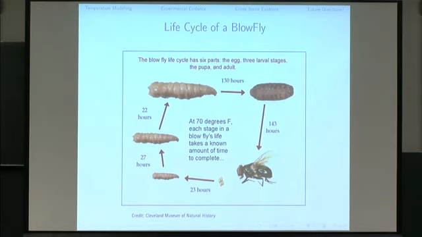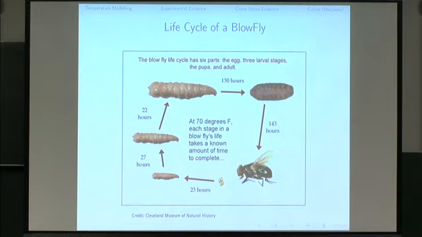After eggs are laid, after about a day, they hatch and become maggots, and then they have different stages, called instars, of development, and these stages are where additional holes grow in the larvae, and these happen at fairly regular times, and it's all to do with thermal input. The blowflies need a certain amount of thermal input to go from eggs all the way through to pupation and then finally to an adult fly.